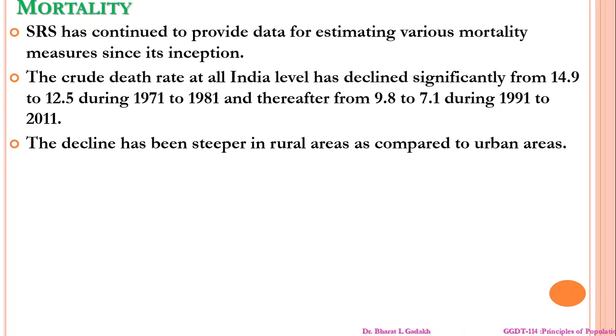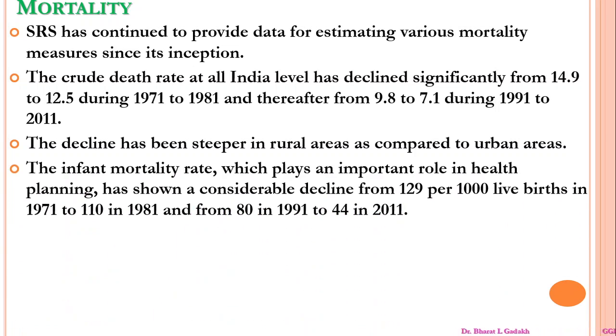The decline has been steeper in rural areas compared to urban areas. The infant mortality rate, which plays an important role in health planning, shows a considerable decline from 129 per 1000 live births in 1971 to 110 in 1998.